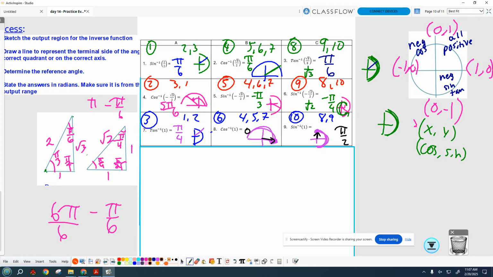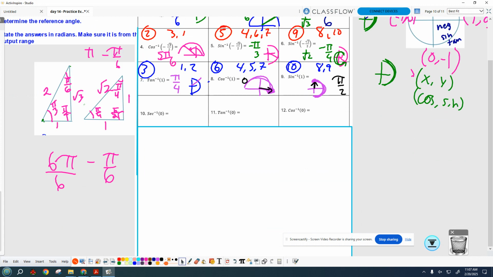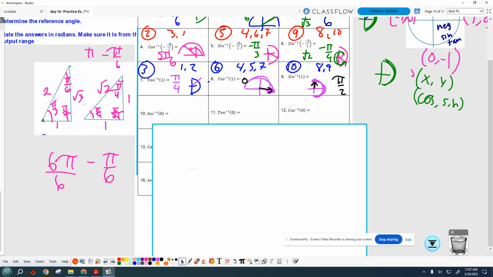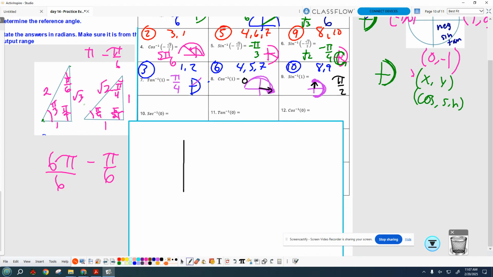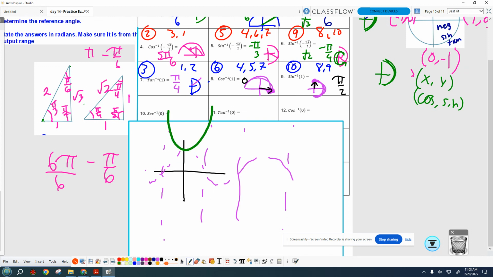Okay, and I really want to get to this before the bell rings. Bella said, so this one, not digging the secant 0 thing, like something's up. To draw secant, Danny, secant is cosine or sine upside down? Cosine, okay, so there's cosine, vertical asymptotes, and the function of secant, those bubbles are gonna pop.